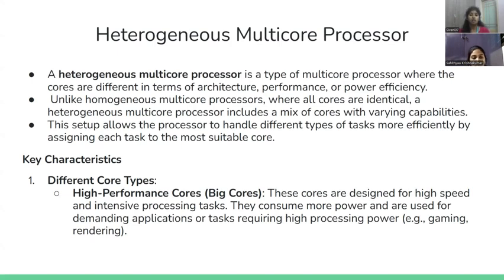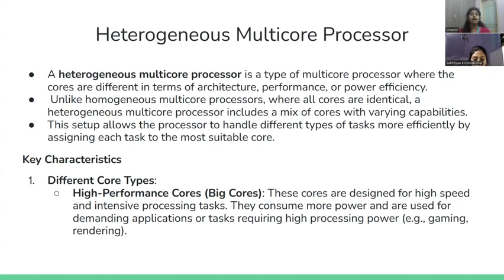This design allows the processor to optimize efficiency and performance by assigning tasks to the most appropriate core type. Speaking about its key characteristics, it has different cores: the high performance cores, called big cores, and the power efficient cores, commonly referred to as little cores.